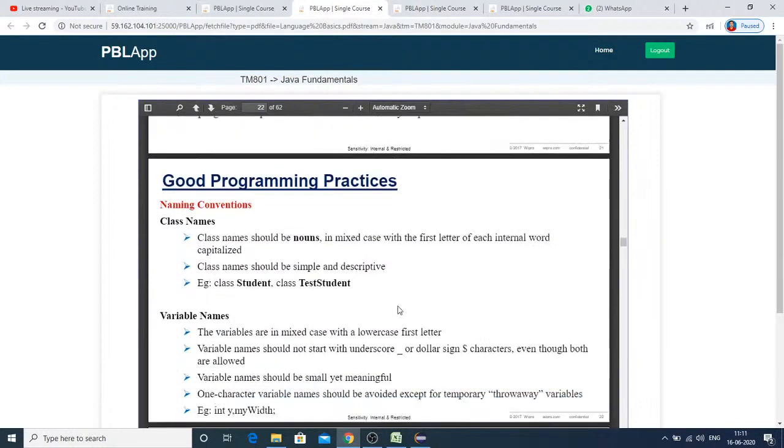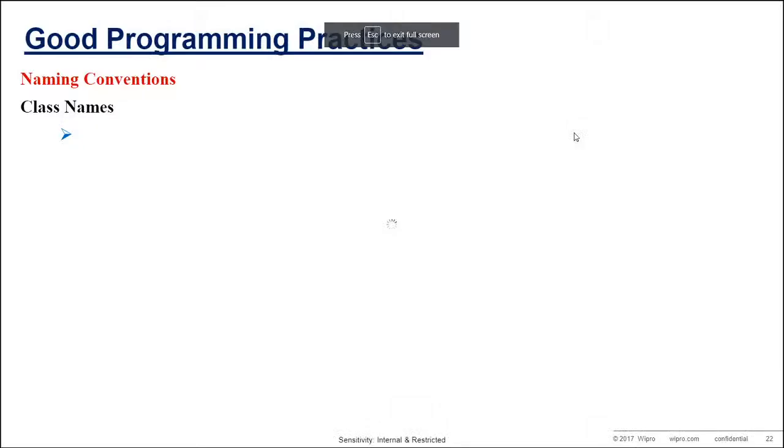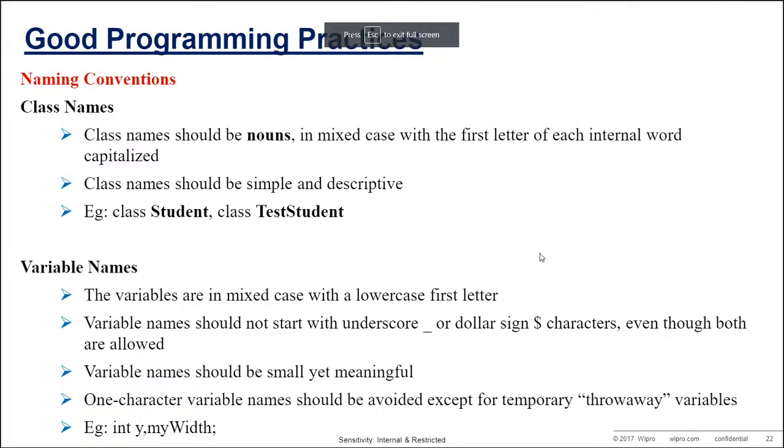And here are some good programming practices you need to remember. I hope the majority of you know them, but it's my duty to reiterate. First, the naming conventions. Class names should be nouns, starting with a capital letter, and each internal word should be capitalized, with no spaces permitted between the words.